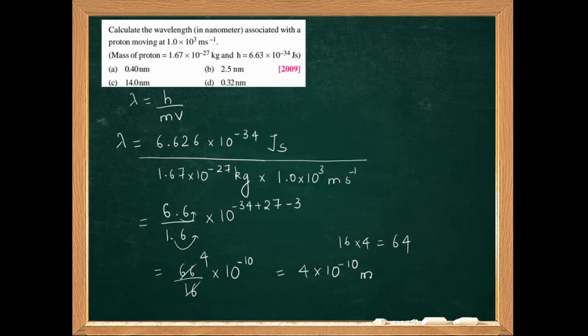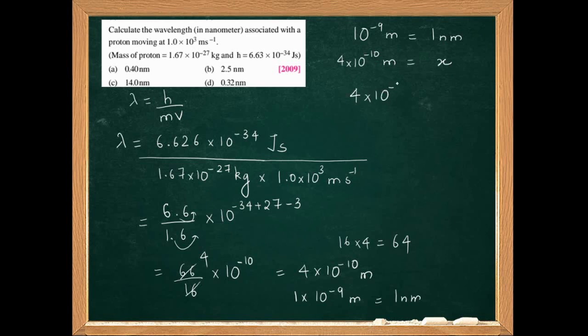This is in terms of meter. Now the values are given in terms of nanometer. So 1 into 10 to the power minus 9 meter is 1 nanometer. So 4 into 10 to the power minus 10 meter is how many nanometer? We'll have to cross multiply.